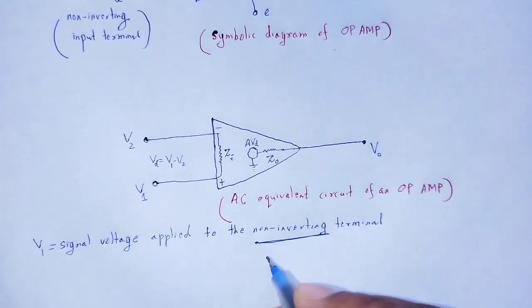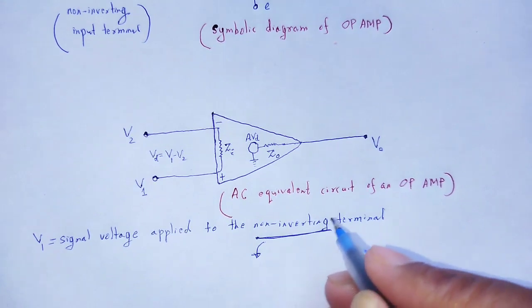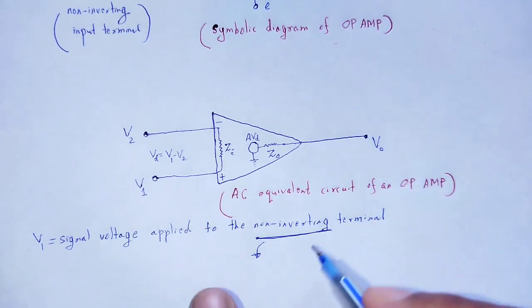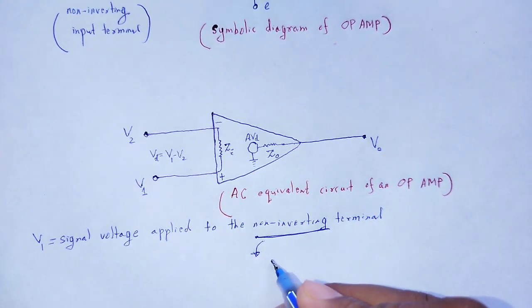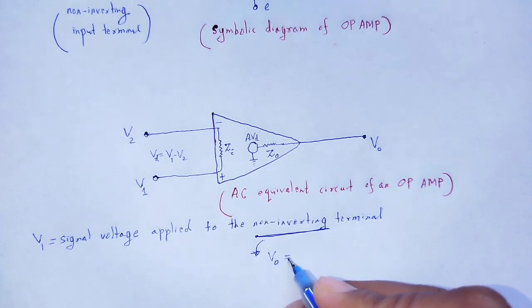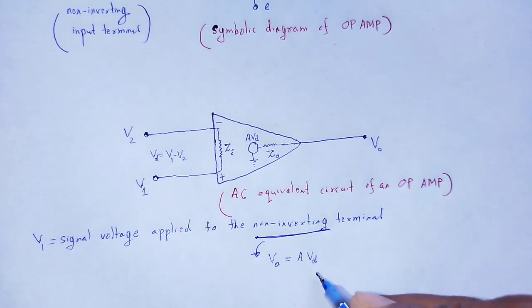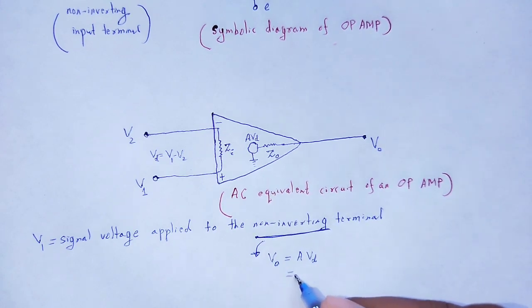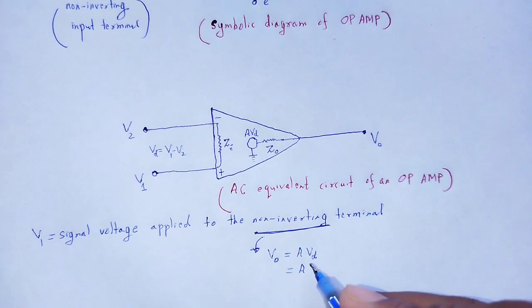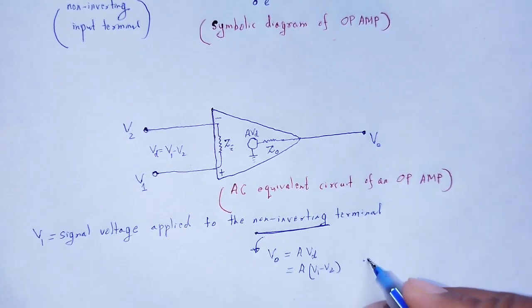Let me explain. V0 is A times VD, that is A times V1 minus V2.